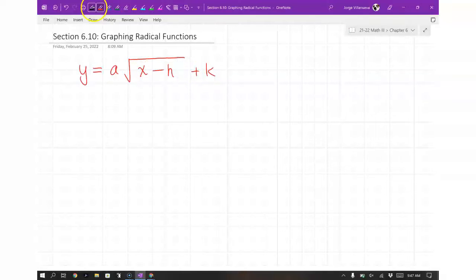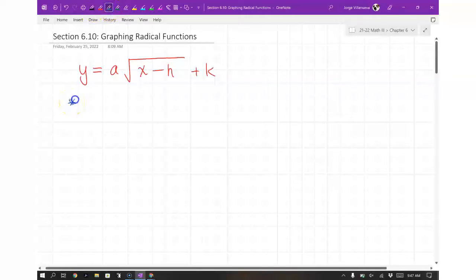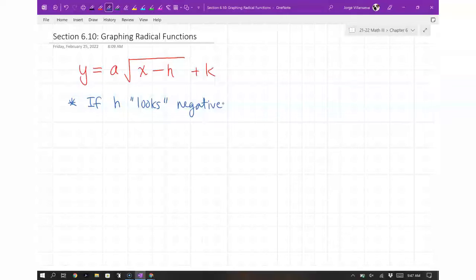Now the h and the k and the a have specific things that are tied into them. So let's start off with the h. If h looks negative, so in other words, if it says -3, -4, so the h looks negative because there's a minus in front of it.